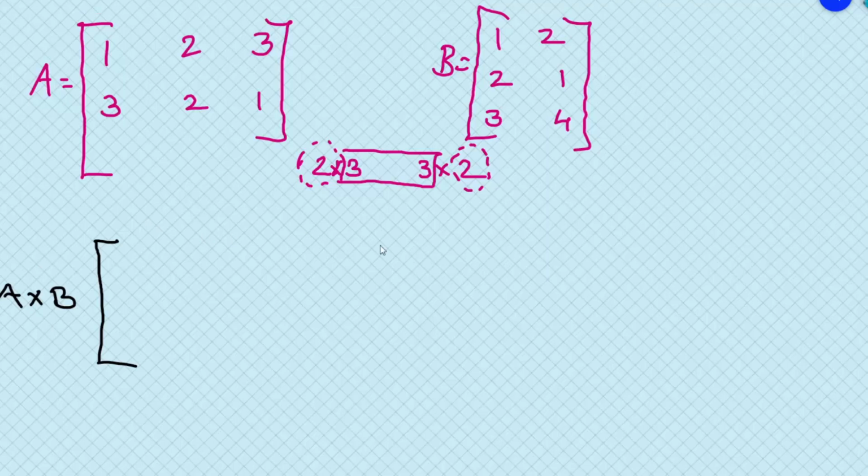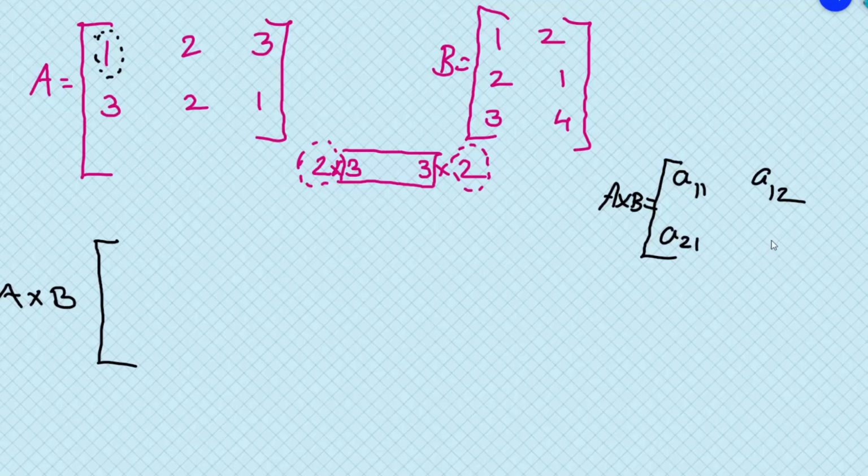Before we do the multiplication, let us write the elements that we are going to get in A cross B. By doing so, we can do the multiplication more easily. A cross B will have 4 elements, A11, A12, A21 and A22, in a 2 cross 2 matrix. A11 denotes first row, first column.